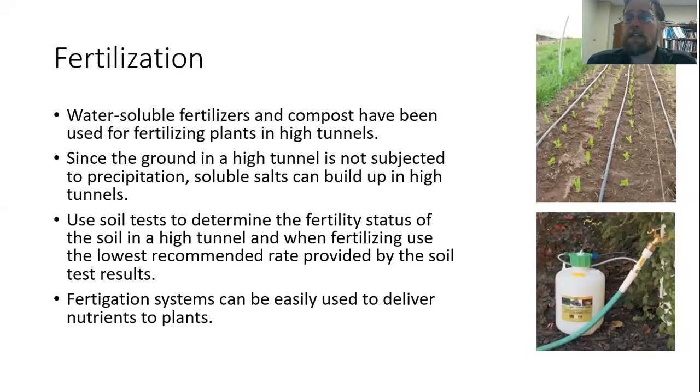So soil testing is very important as part of the management of fertilization inside a high tunnel. And when we're fertilizing, we want to make sure we're using the lowest recommended rate that's provided by that soil test. And again, fertigation systems do a very good job of delivering the required nutrients out to those plants.